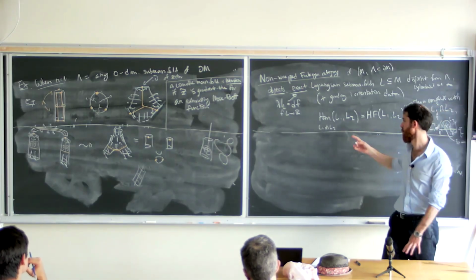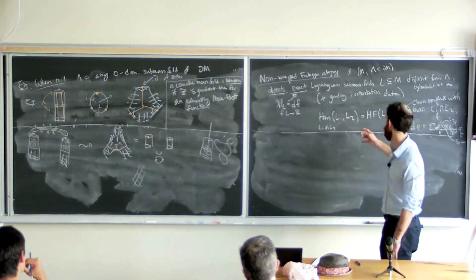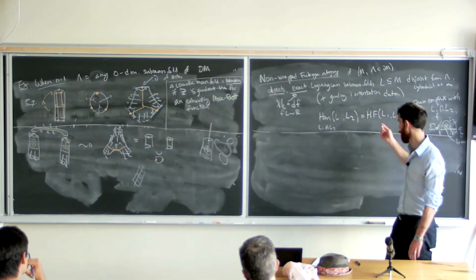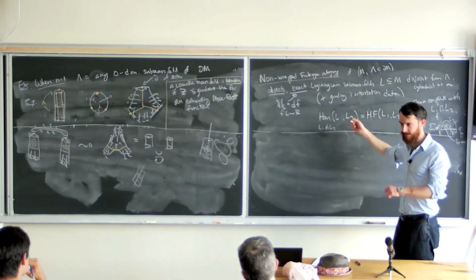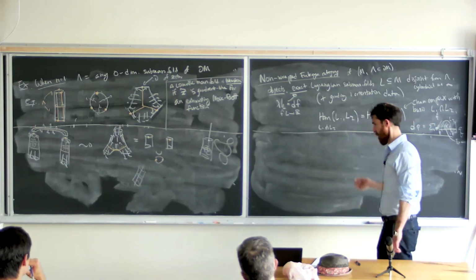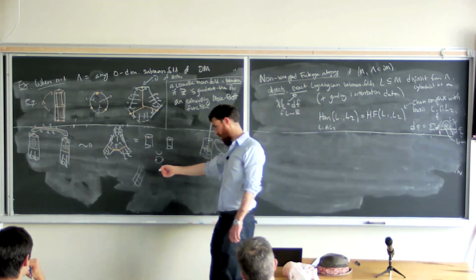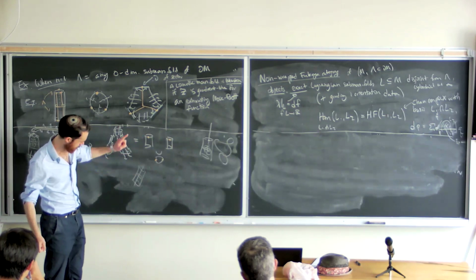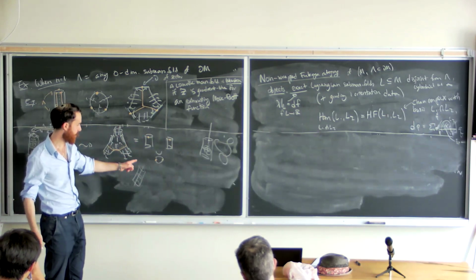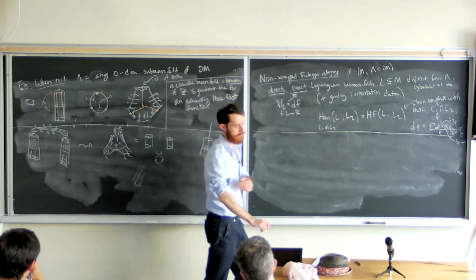There's a continuation map that proves that a compactly supported Hamiltonian isotopy is not going to change your Floer cohomology groups. So the question is, what about in a non-compact symplectic manifold with a non-compact exact Lagrangian? What kind of isotopies are you allowed to use at infinity?